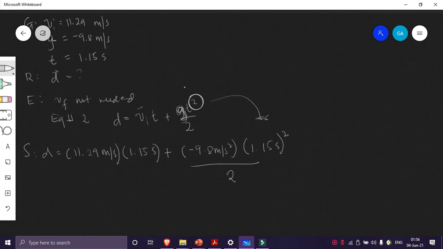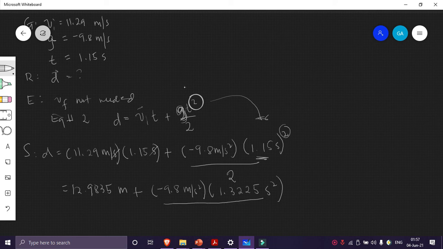Simplify natin itong solution natin. This will become 11.29 times 1.15 is 12.9835 meters. Kasi magka-cancel tong seconds. Plus negative 9.8 meters per square second times 1.15 squared, 1.3225 s squared, over 2.